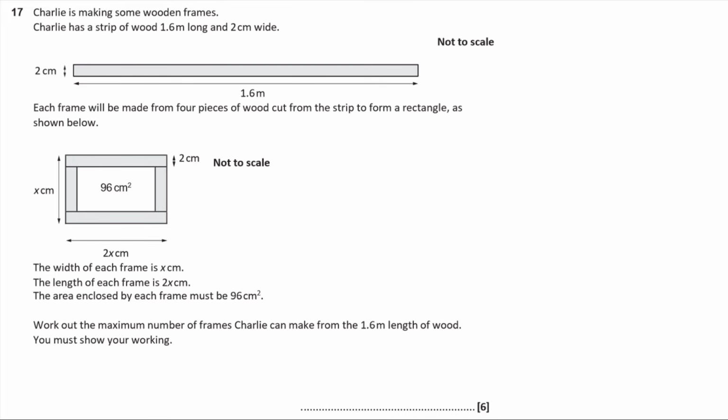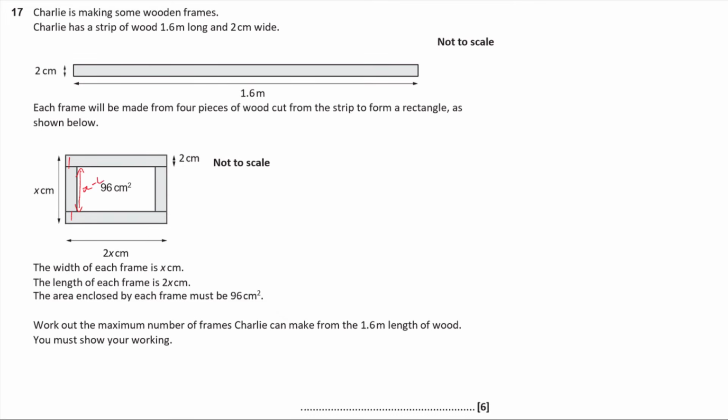Okay, this is a nice problem. Right, so what are the dimensions of this shape? It's 2x and x, and it has an internal area of 96 centimeters squared. Okay, that's interesting. So then presumably this distance from here to here is going to be x minus 2 and 2, isn't it?